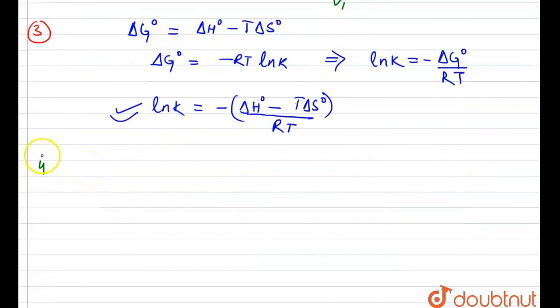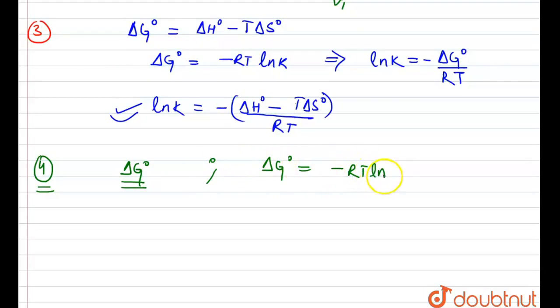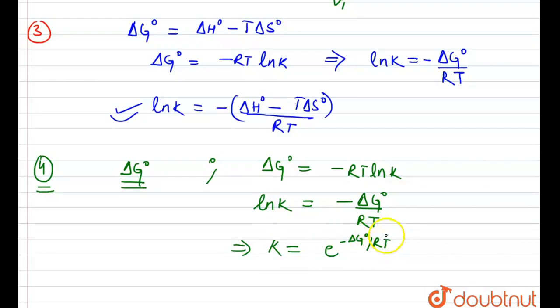We know that standard free energy, delta G naught, is related to the equilibrium constant: delta G naught equals minus RT log of K. So log of K comes out as minus delta G naught divided by RT, and if we cancel the log, K equals e raised to the power minus delta G naught divided by RT.